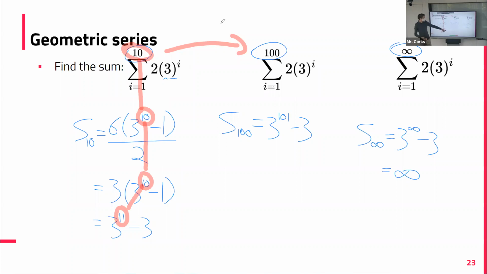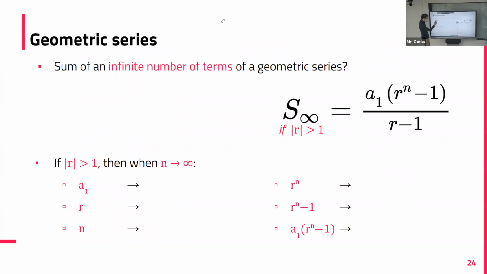So kind of big, really big, too big. For a geometric series, if your R value is greater than 1, if we add them up to infinity, we should understand that the sum will be infinity. Eventually, even if it grows slowly, it will grow to infinity. So I'll have this slide here, which will explain this in a little more detail.